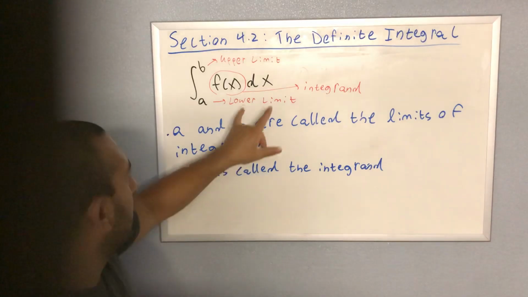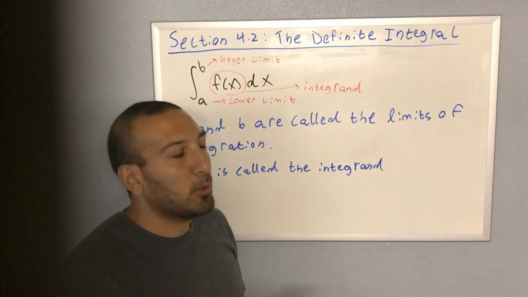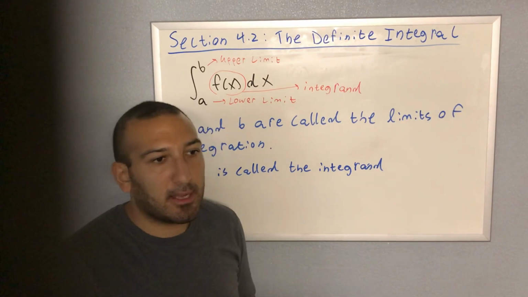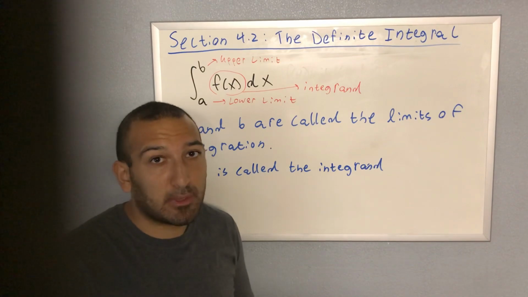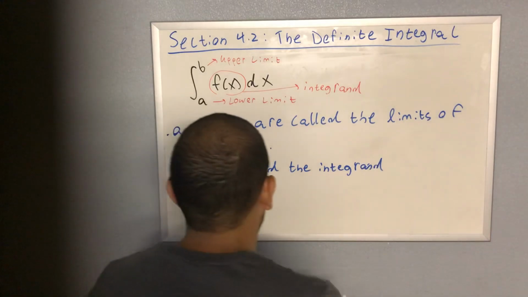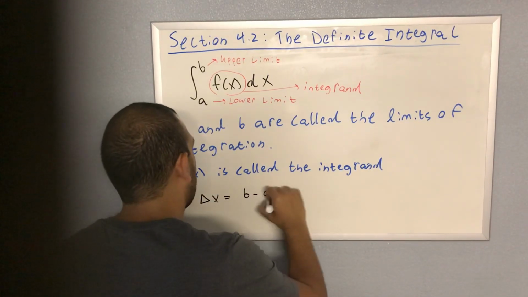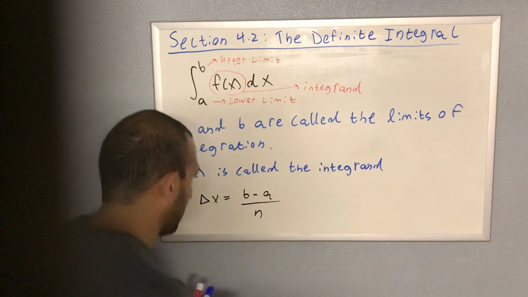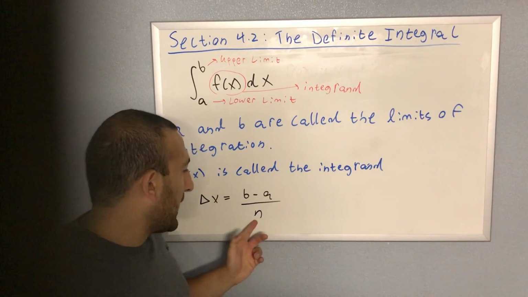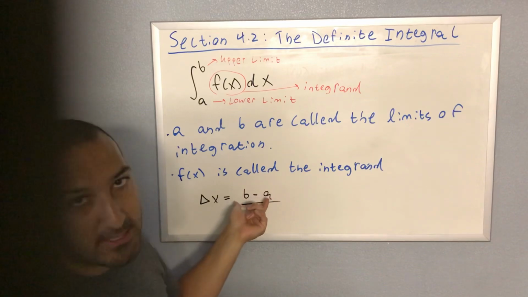And you may be wondering, what the heck is this dx business here? You could think of dx as delta x, but where delta x gets really, really small. Because if you think about it, what was delta x? Delta x was b minus a over n, n being the number of rectangles. The larger you make n, the smaller this quantity becomes, because b minus a is a fixed number.